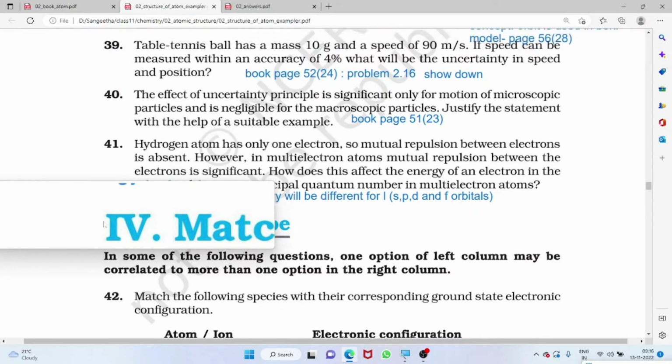The effect of the uncertainty principle is significant only for the motion of microscopic objects and is negligible for macroscopic particles. Justify the statement with the help of a suitable example.